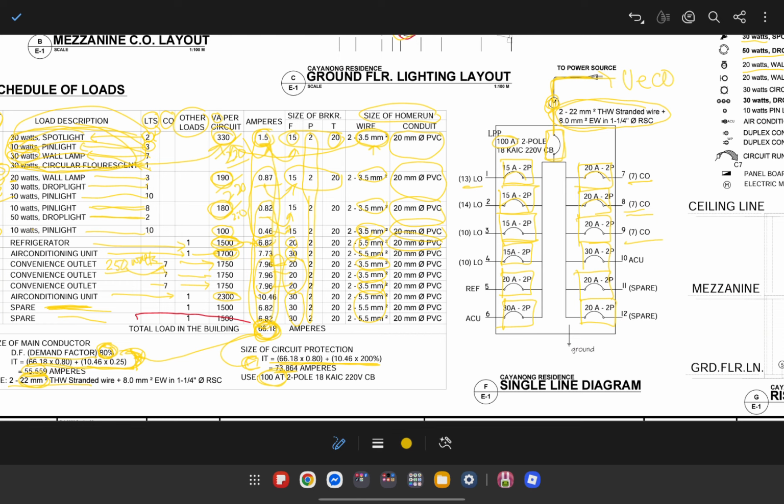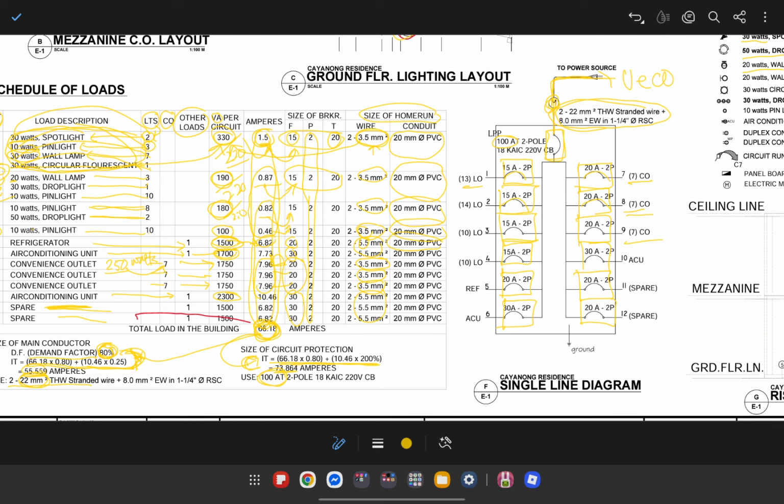Again, you refer to the sizes written in the wire gauge and the capacity of each wire. Okay, so that's it for the single line diagram.